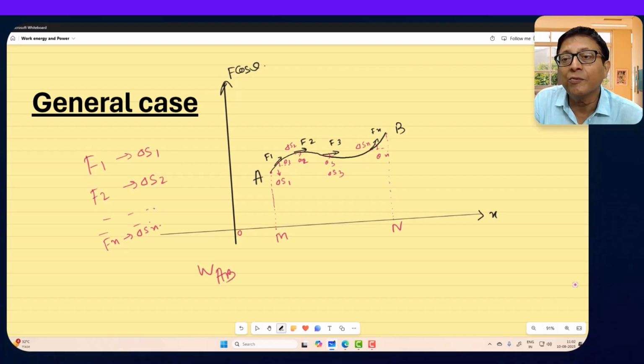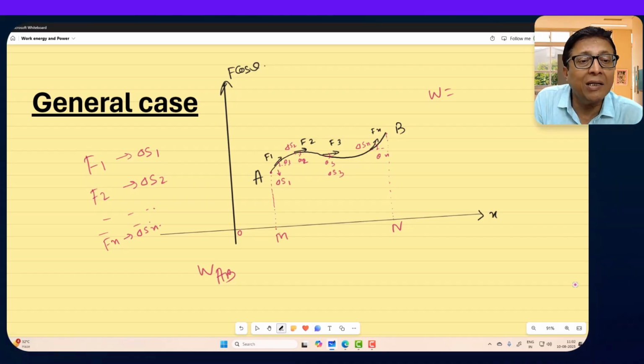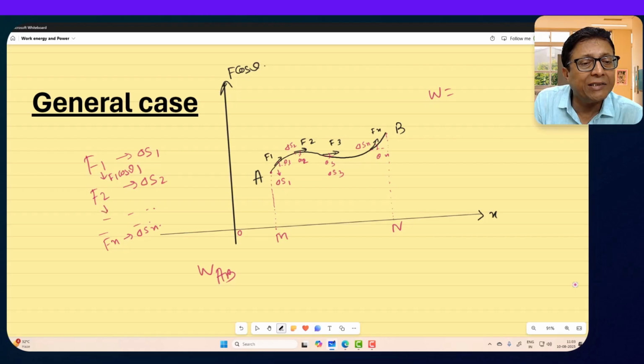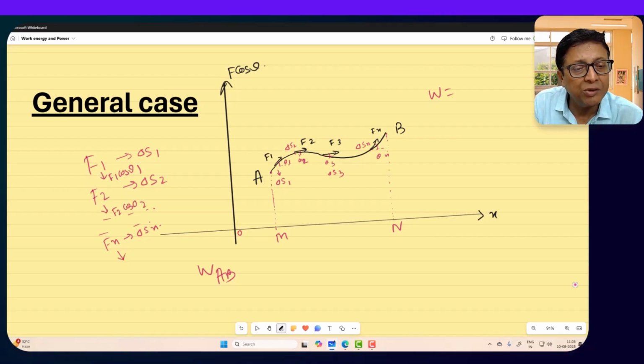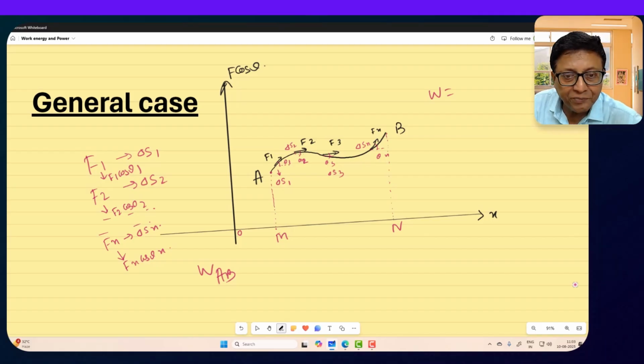W AB, okay, you first write W in this form. If it is not small enough, we cannot write that, no? That W will be equal to another thing, that F1's component F1 cos theta 1 will take the particle along x-axis. This one will be F2 cos theta 2. This one will be, sorry, Fn cos theta.